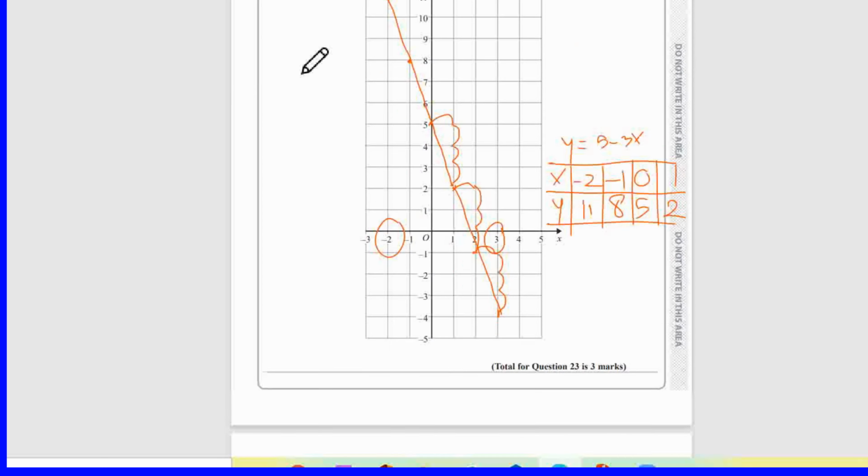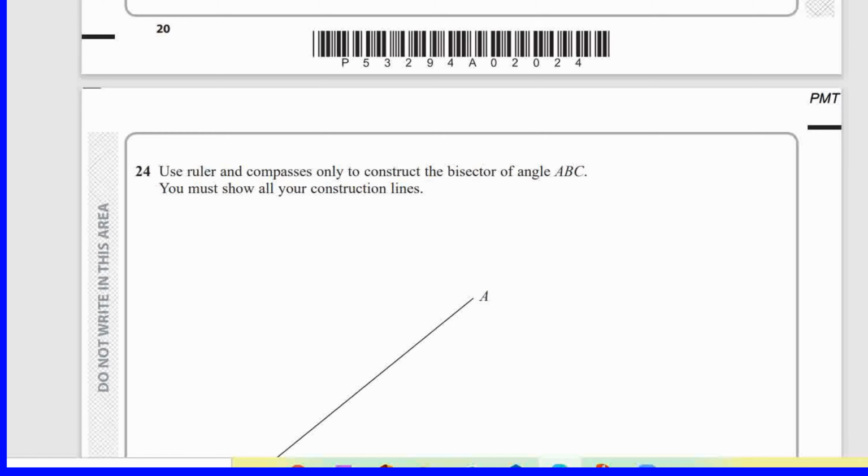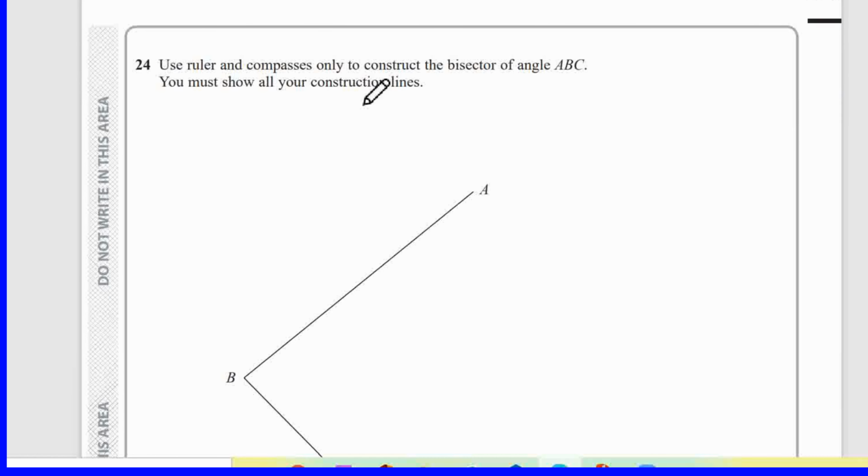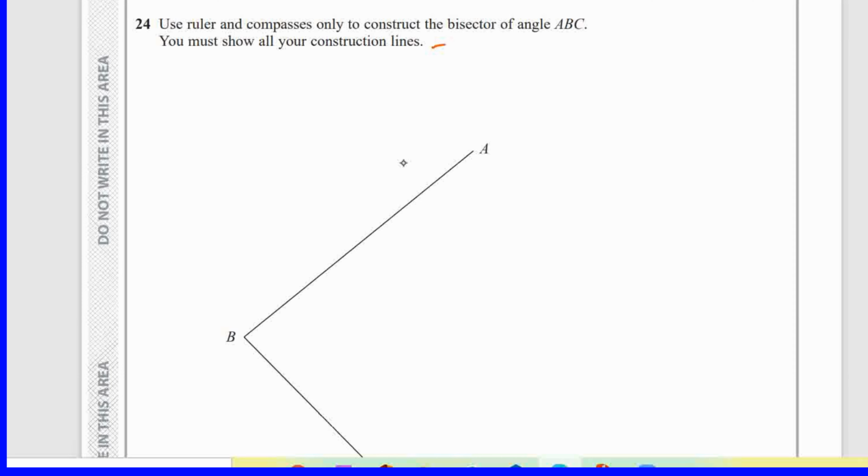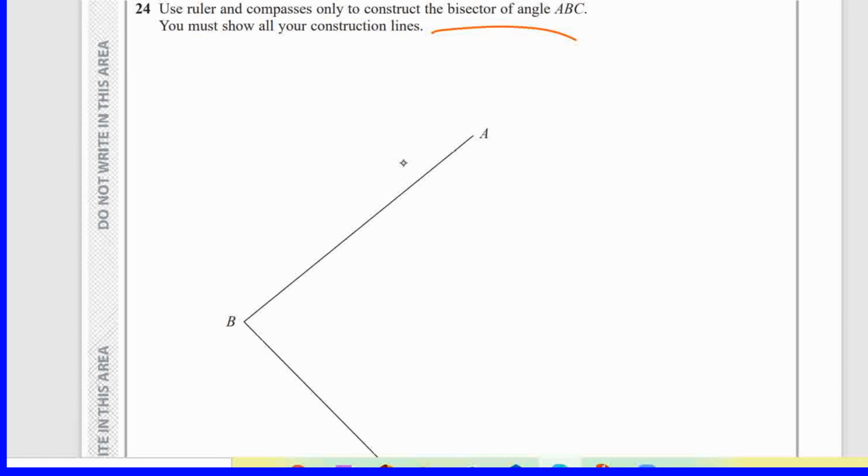Now, number 24 is our last question. Use ruler and compasses only to construct the bisector of angle ABC. You must show all your construction lines. Bisector of an angle means we divide the angle into two equal parts. We can do this with a compass.